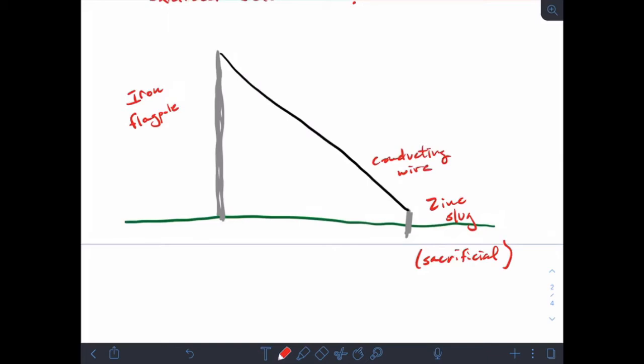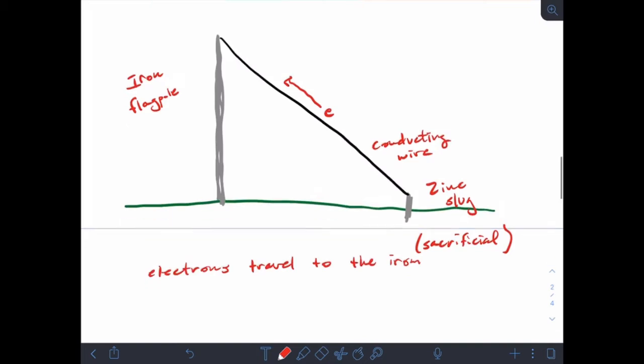So what happens is when the zinc gets oxidized, the electrons will travel up the wire toward the flagpole. They travel up to the iron flagpole.